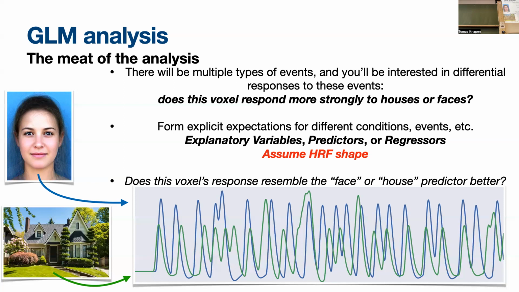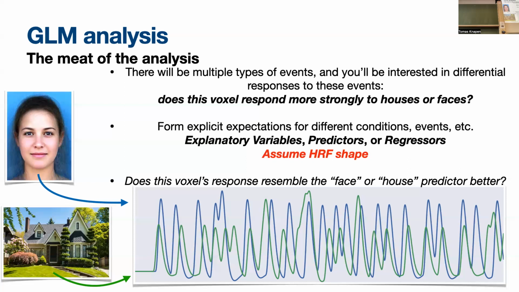This is the result of the analysis. If I go into one of these orange blobs, the response, orange was houses, so orange is green, and if I look at the time course of the response, it will look like the green time course here.